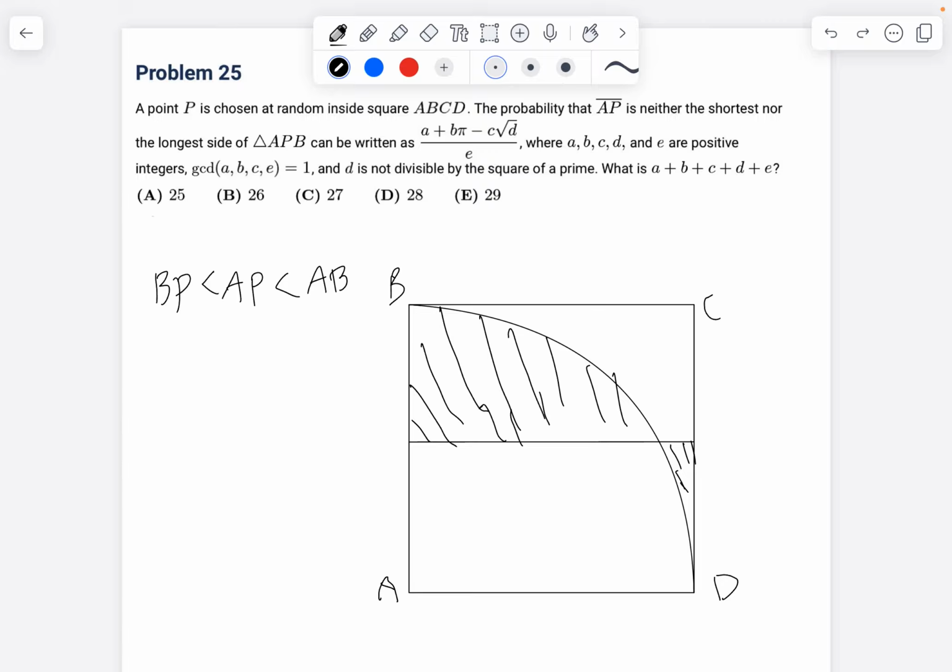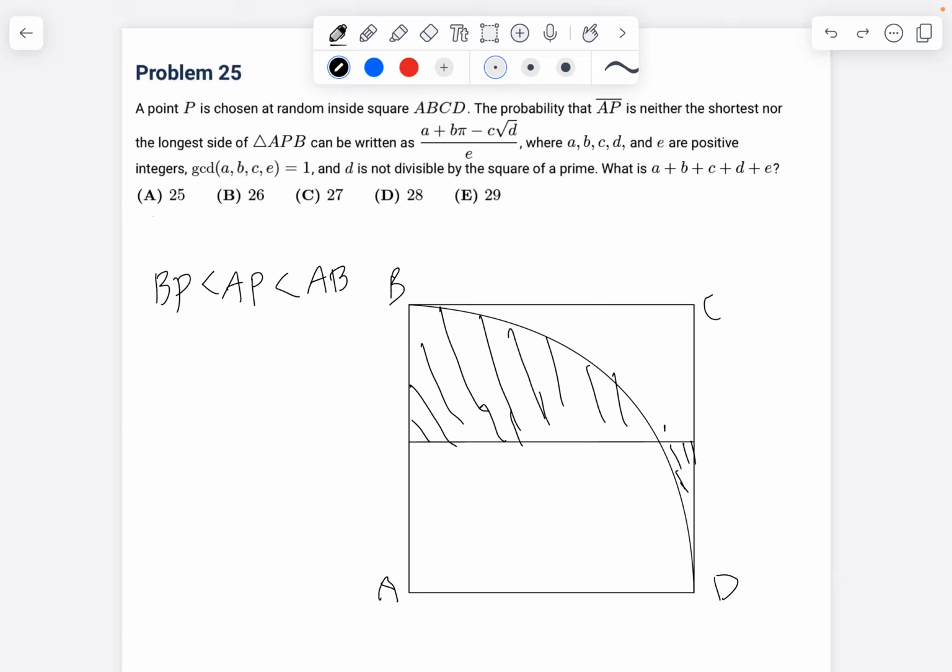However, if we put a dot outside of the area, it becomes the longest line. Also, if we put a dot beside the area that I'm sketching, then AP becomes the shortest side. So the areas I shaded are the available areas for P.